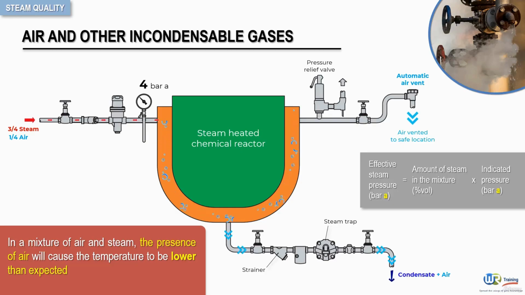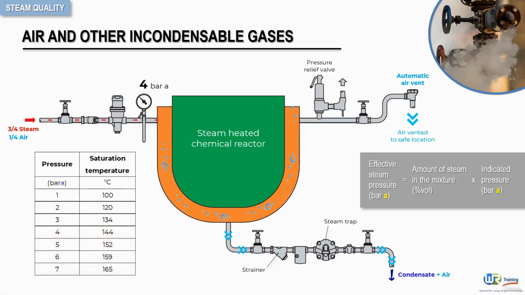If this was 100% saturated steam, then from the saturated steam table, the expected saturation temperature would be 144 degrees Celsius. But this is not 100% steam. This is a mixture of air and steam. So we expect the temperature to be lower than 144 degrees Celsius. So let's determine the actual temperature of the steam.